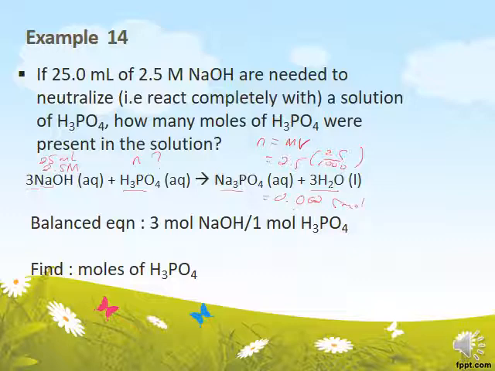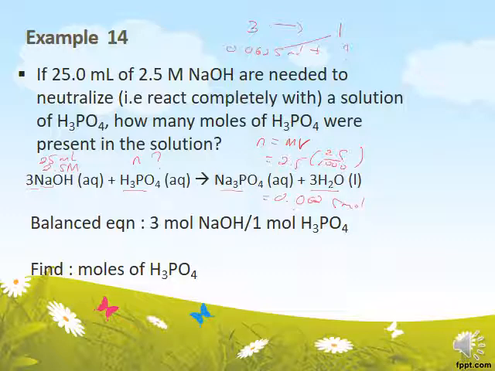So 3 moles of sodium hydroxide react with 1 mole of phosphoric acid. So 3 and 1, and we have 0.0625 mole. So how many moles of phosphoric acid react with this?